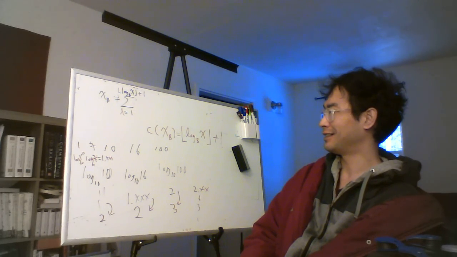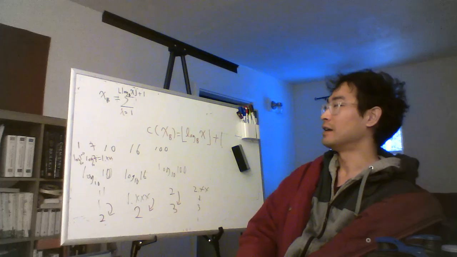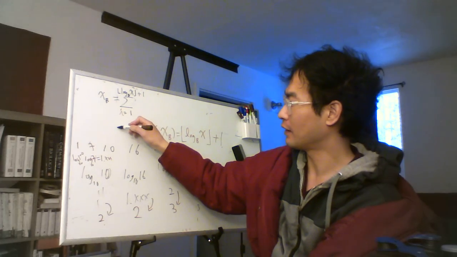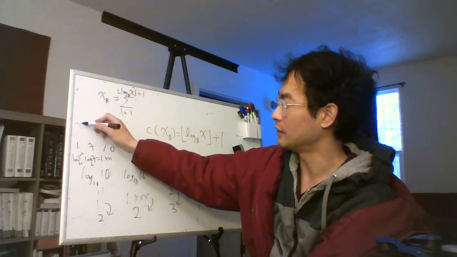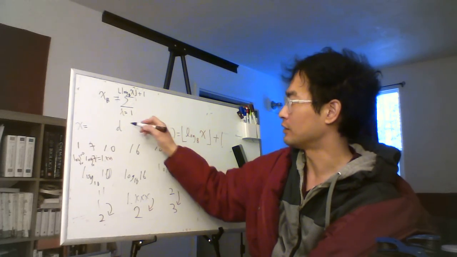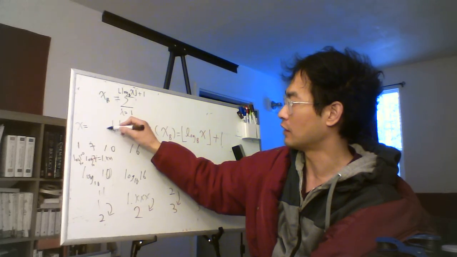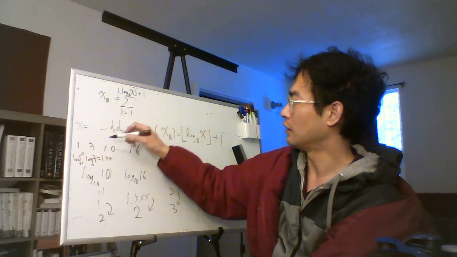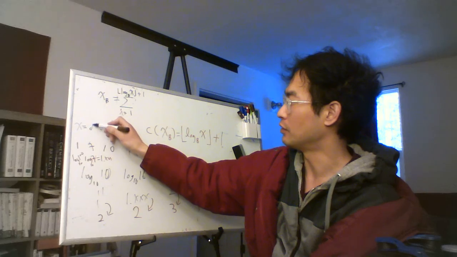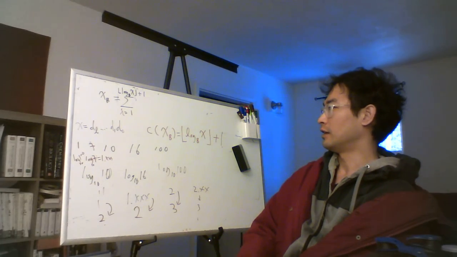But if we order, so x is equal to, for simplicity, the zeroth digit, first digit, dot dot dot, up to the last digit d_l.